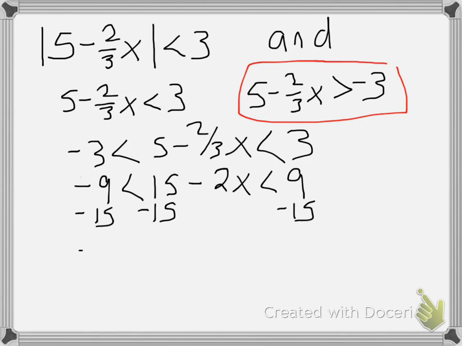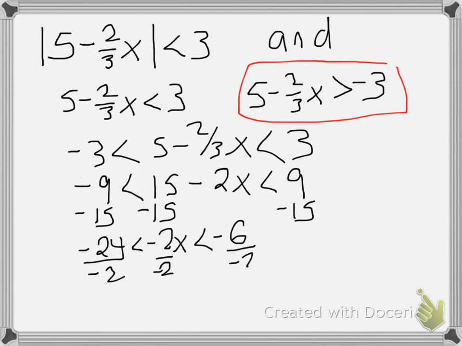So I get negative 24 is less than negative 2x, which is less than negative 6. Now I'm going to divide by negative 2. So what does that mean? You all should know. This is 12. This is now greater than x, which is greater than 3.